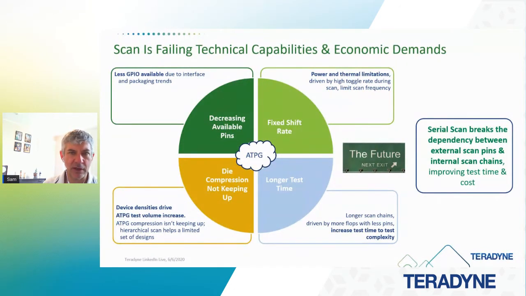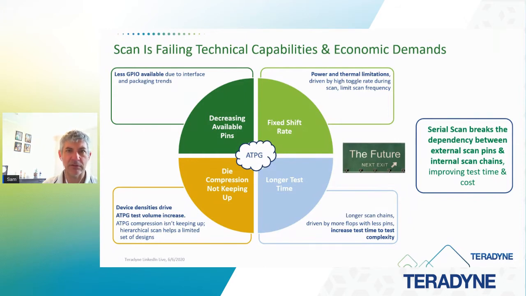And then on the bottom right, the test time, as we spoke about, is going up. The biggest factor here is long scan chains, which is a function of as many GPIO pins as you can devote to it. GPIO pins both require pads on the package, and also the routing on the tester becomes complicated.